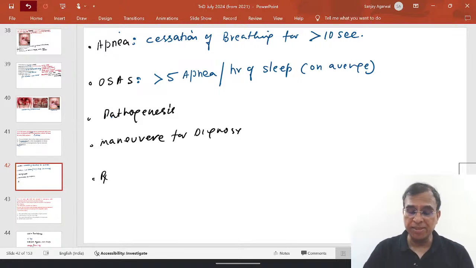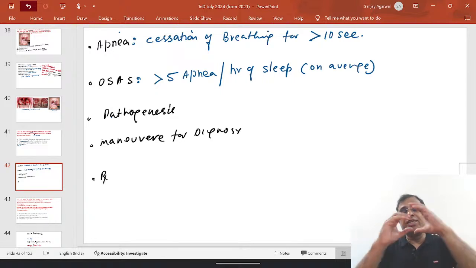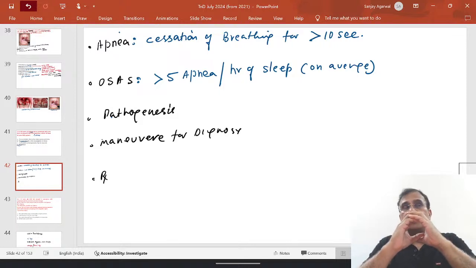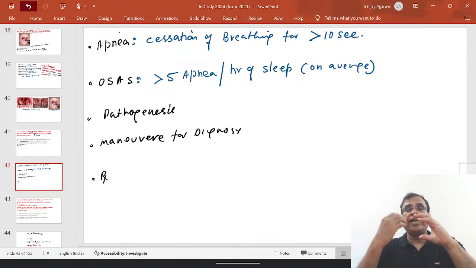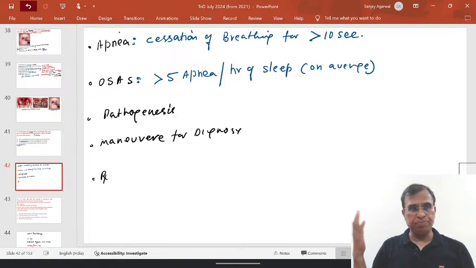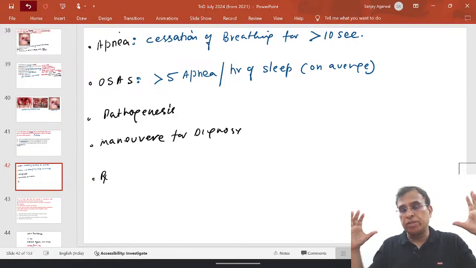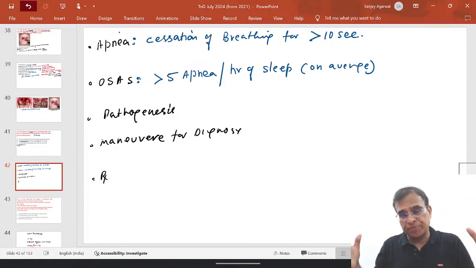Now, what happens in this patient is very important. This is due to obesity. If you can see my hand, suppose this lumen of the hand is the lumen of the pharynx through which the air is flowing. This lumen is sufficient. Now, when we fall asleep, in deep sleep, all our muscles, whether smooth muscle or skeletal muscle, relax.